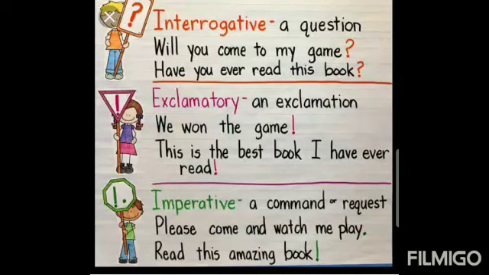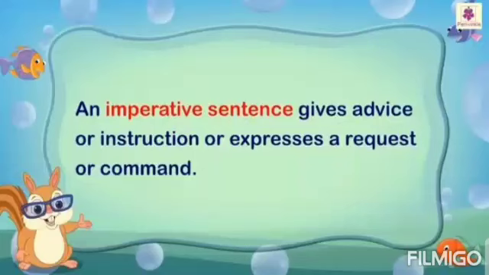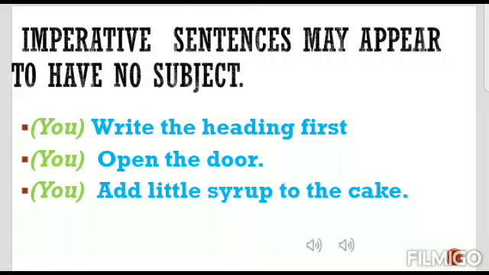Now we'll see how the subject acts in different types of sentences. First, we'll talk about imperative sentences. What is an imperative sentence? A sentence that gives a command, order, or makes a request is called an imperative sentence. Imperative sentences may appear to have no subject.